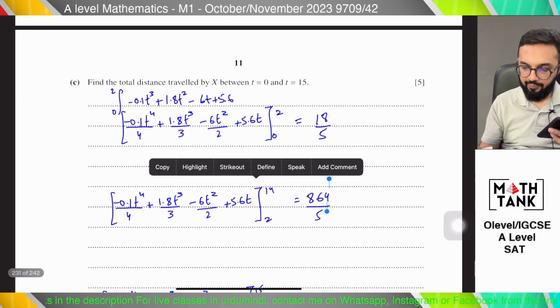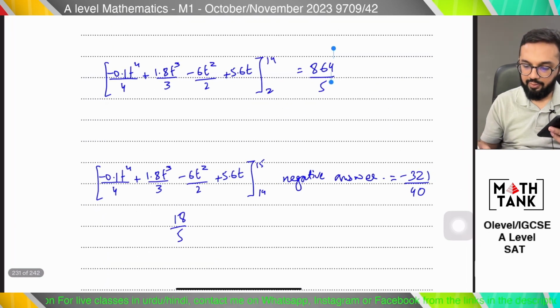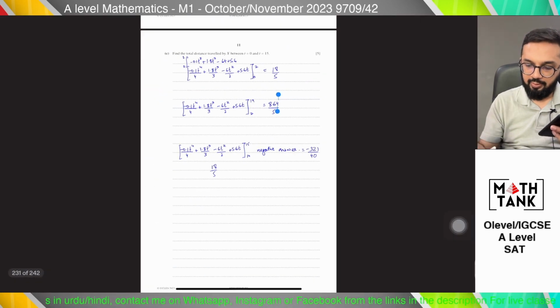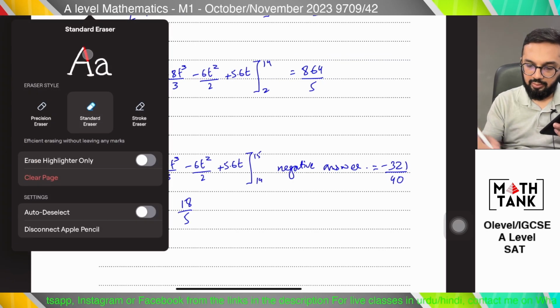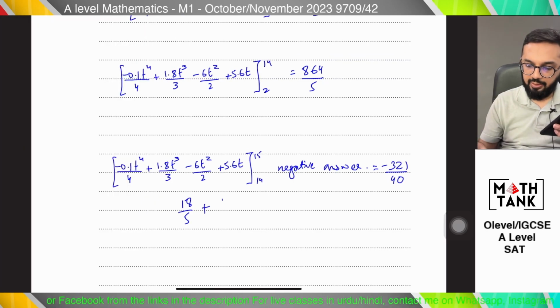Let's say total distance traveled. Yes, it says total distance traveled, so plus 864 over 5 plus 321 over 40.